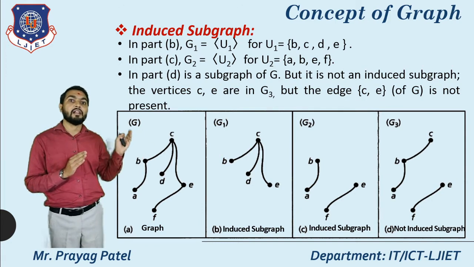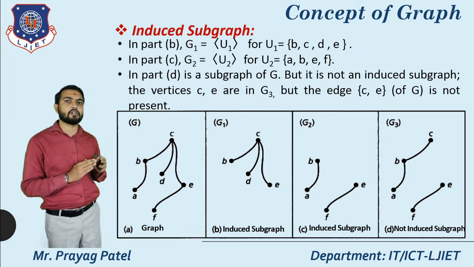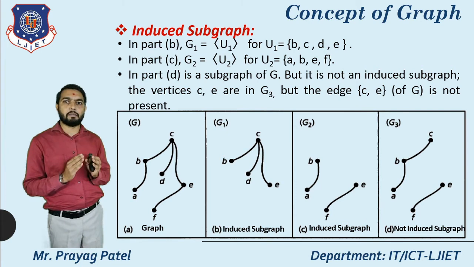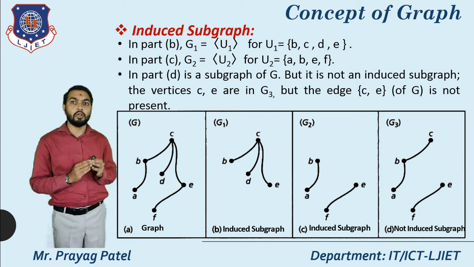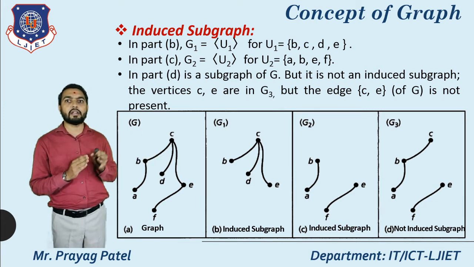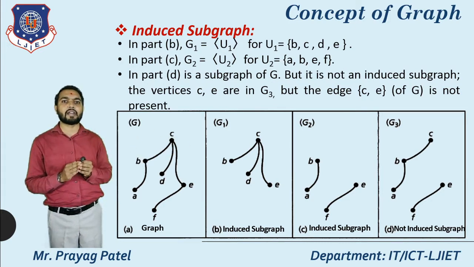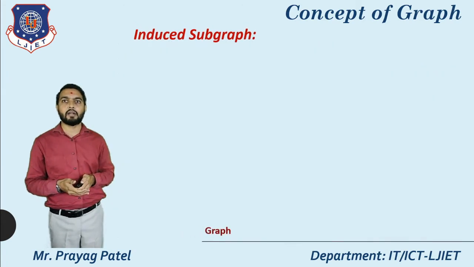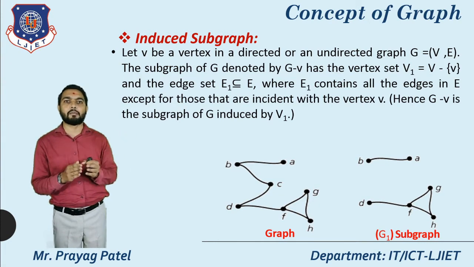Then here we should include all the available edges among these five vertices of your graph G. So here one edge is AB, another edge is BC, another edge is E to F. Now the C to E edge is also available, but here we have not included C to E. That's why we can say that this last graph is not considered an induced subgraph, because here the C to E edge is not included. Now here this graph is the given graph and G1 is a subgraph.